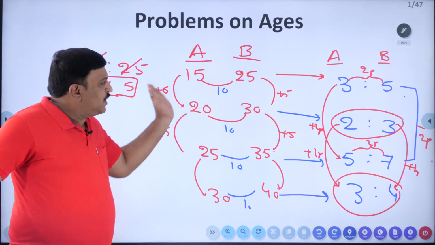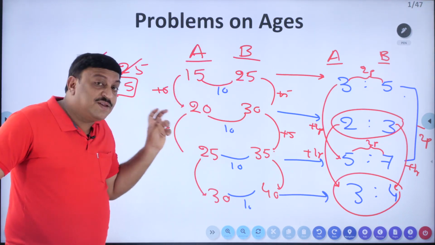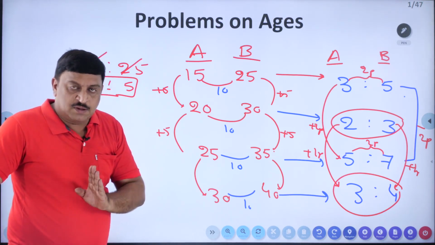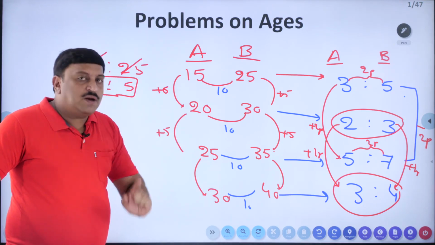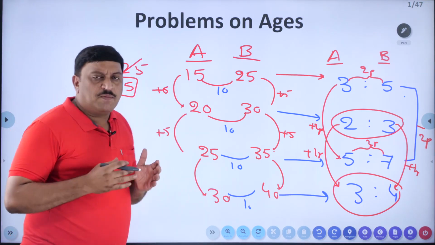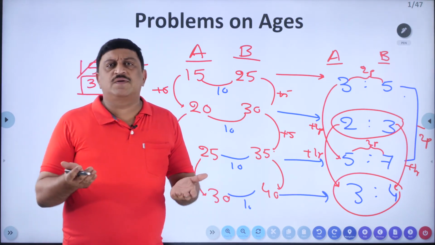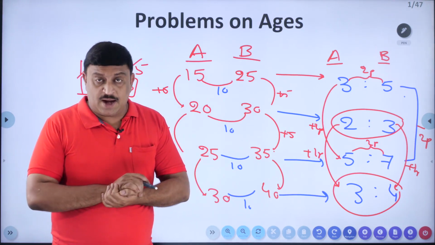Maybe the ratio differs, whatever, nothing happens, but the difference will always be the same for any two persons. Conditions will be given, no problem, but in general, for mother and son, the difference of their age will always be, if it is 20 now, after 10 years also 20 years.